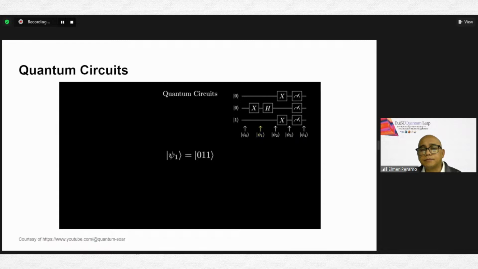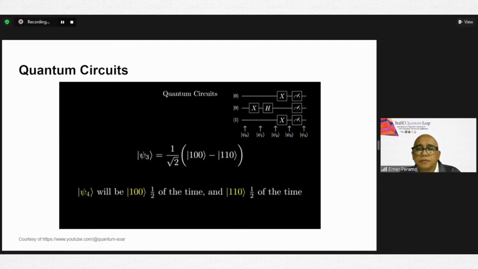At psi sub 2, we apply a Hadamard gate to the second qubit, giving us this state. Then at psi sub 3, we apply an X gate to both the first qubit and the third qubit, giving us this state. Then at psi sub 4, we measure the qubits, so we will get one of these states with these probabilities.